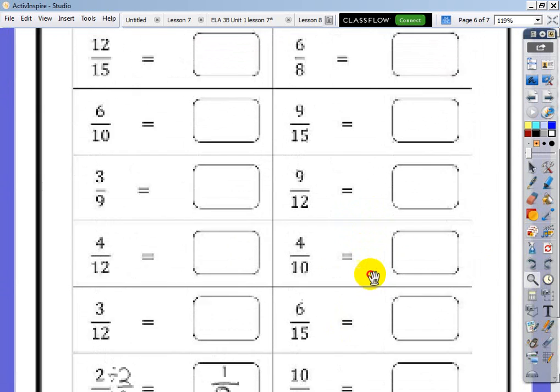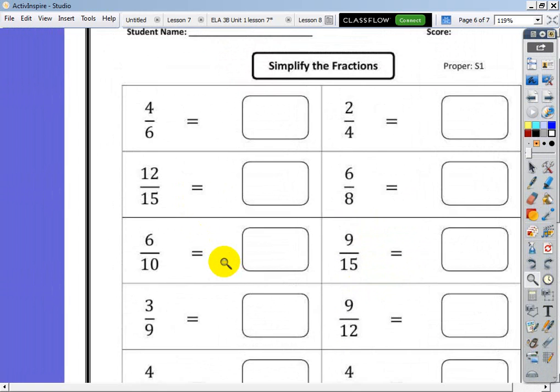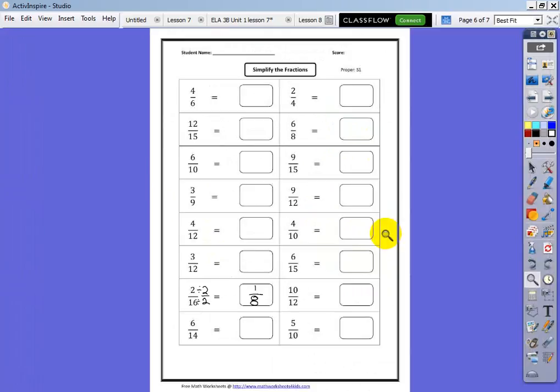I think 2 and 3 work a lot of the times. Anything bigger than that? No, 2 and 3. So the only ones we have really are divisible by 2 or 3 and you should be able to get your answers really quickly. Go ahead and work on that, and when you're done, just raise your hand and we'll go over the answers.